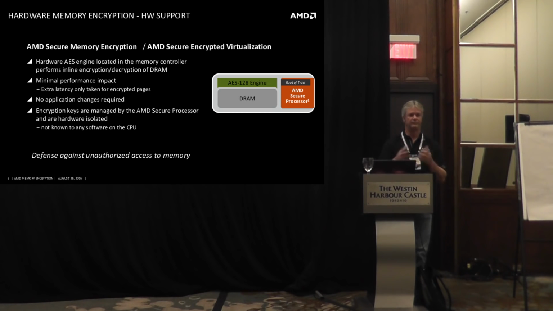We're working on measuring that, and hopefully in the future we'll have some numbers to show the performance impact. The real goal was to have no application changes. Let's keep all the changes down in the OS so that applications don't need to be recompiled or changed or in any way affected by this.